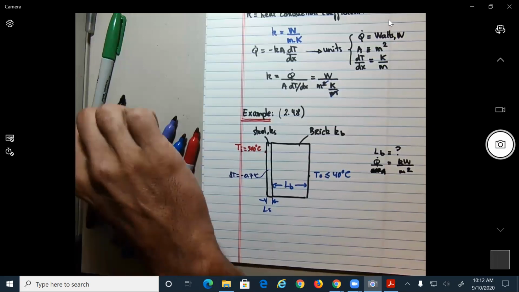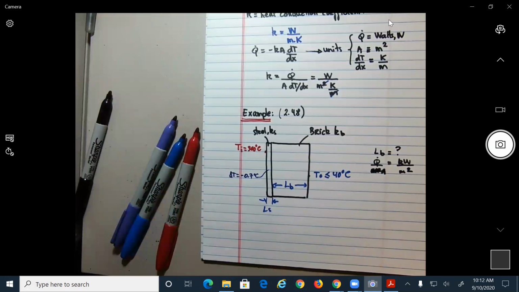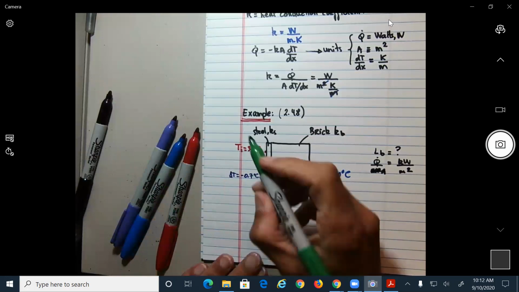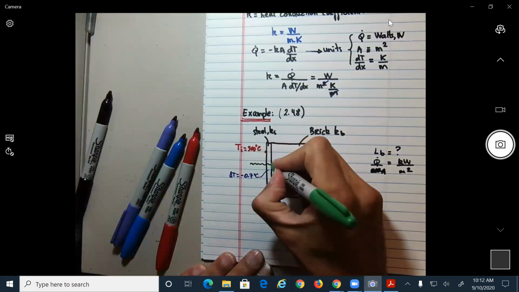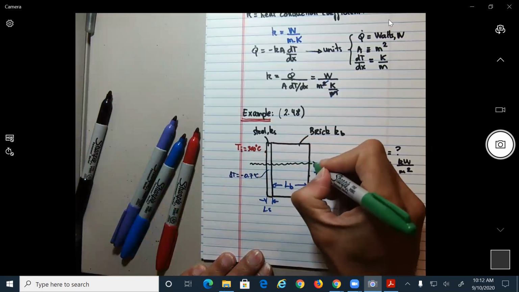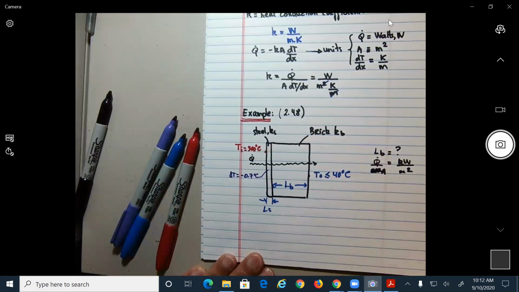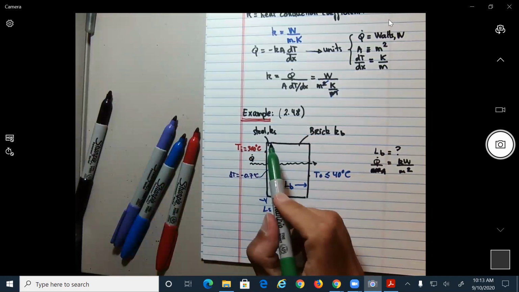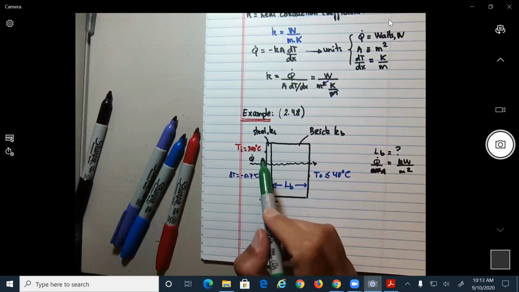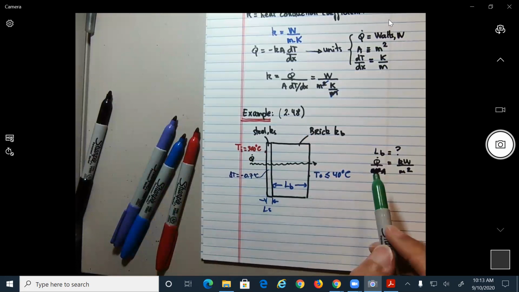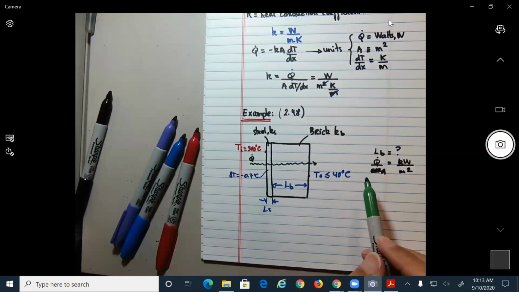Okay, so in this problem, the important part is this one. This is the whole understanding of this problem: the heat transfer rate here is Q dot. The steel and the brick cannot stop the heat going through, but they can slow it down.